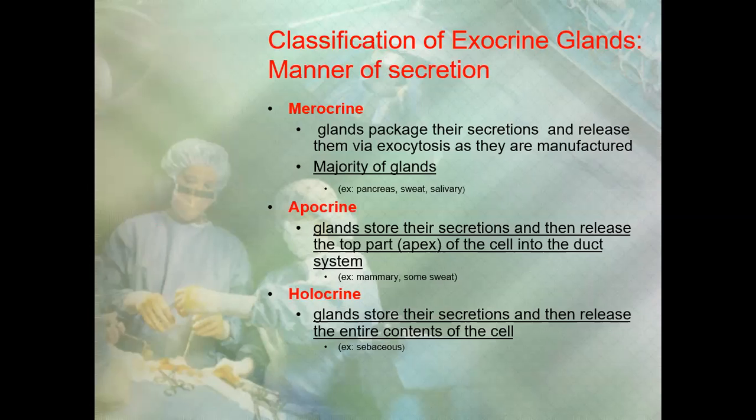What is apo? Maybe I'll just tell you. Apo is derived from. So in an apocrine gland, the top half of the cell is released, and that takes the substance with it. Holocrine gland, the whole cell is released, and the whole cell carries the substance out of the gland.